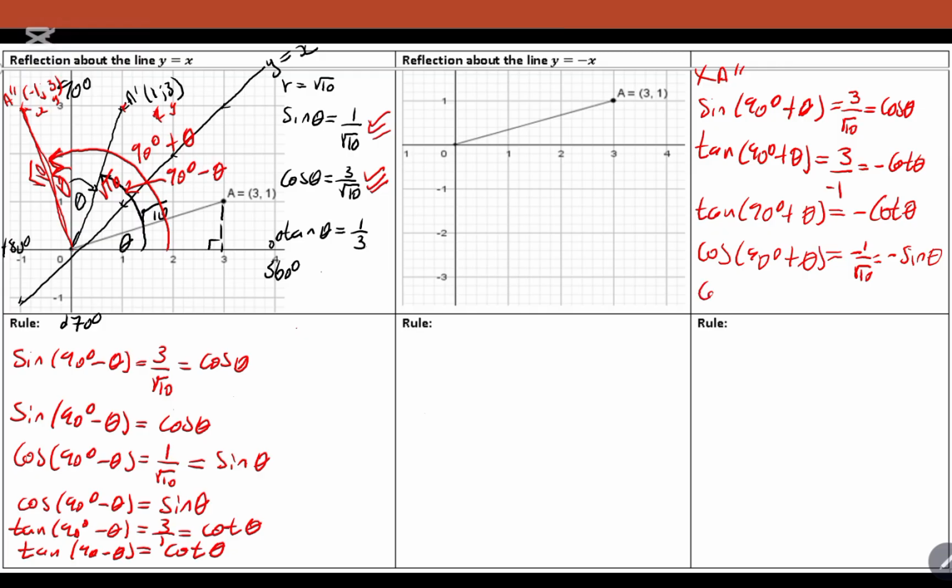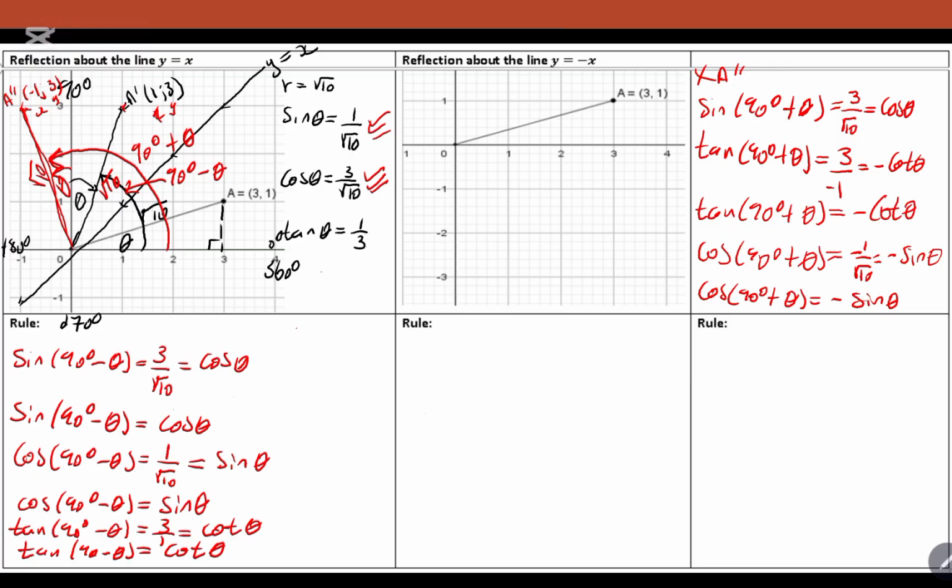So cos of 90 degrees plus theta is equal to negative sine theta. So this is the reflection of our A prime about the y-axis, or the line x is equal to 0. So this is when we are rotating by 90 degrees in anti-clockwise direction.